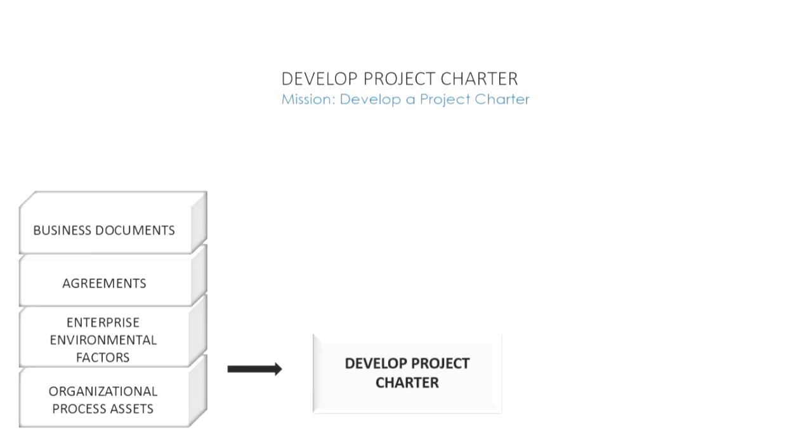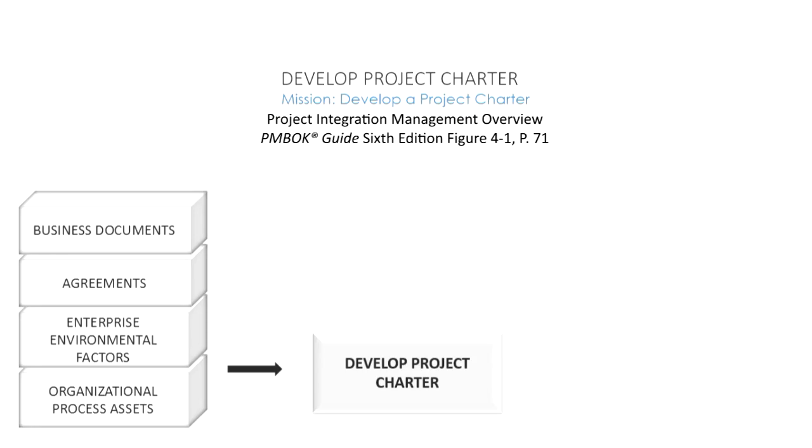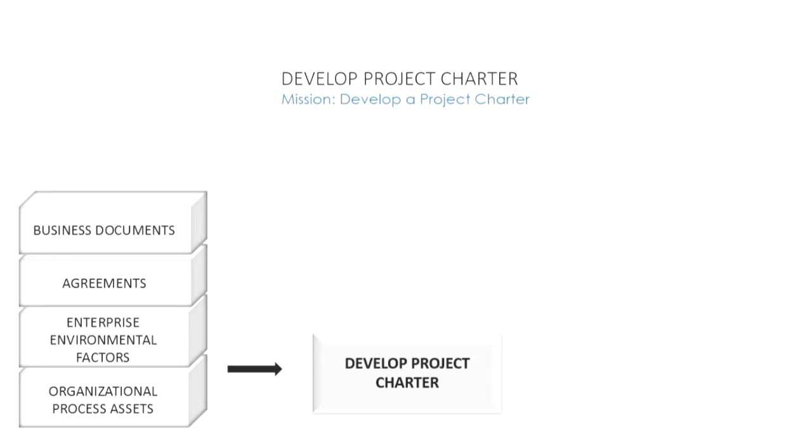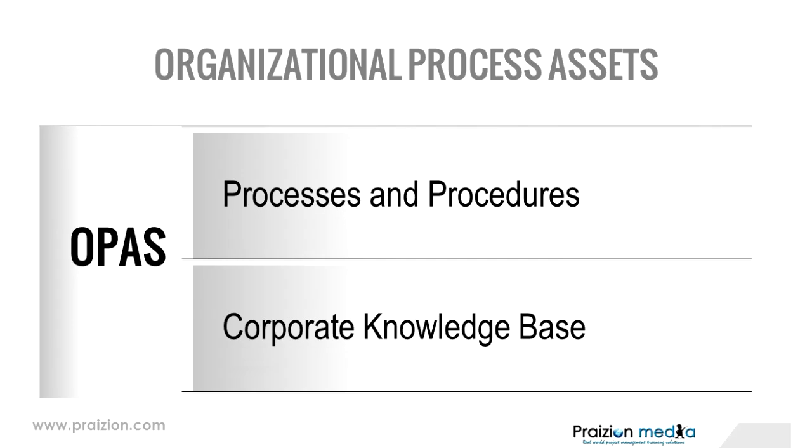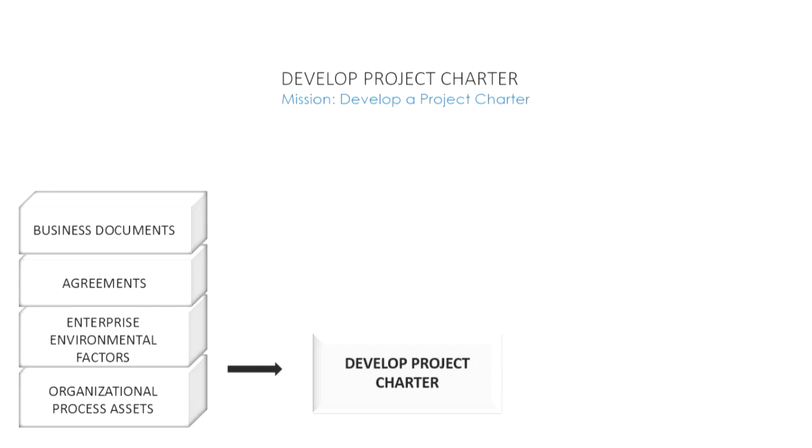Bear in mind, there could be multiple firms carrying out the work. In that regard, we could have multiple firms with their OPAs relevant to the project. So processes and procedures, and the second category is the corporate knowledge base for any of those performing organizations. Processes and procedures and the corporate knowledge base, those are big. All right. So those are your inputs to developing the project charter.